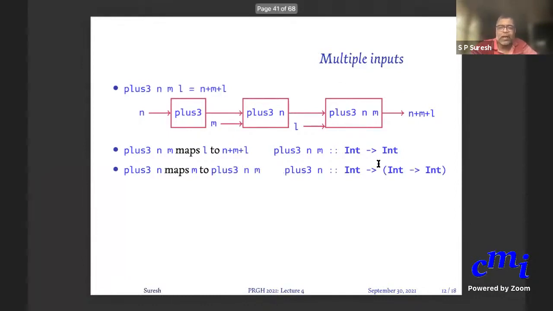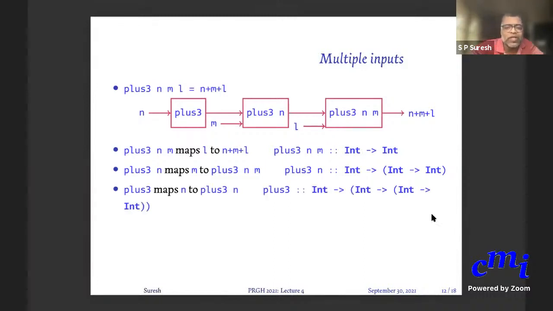Plus 3 n expects m as input, which is int, and outputs plus 3 n m, which is itself of type int arrow int, as we saw. So plus 3 n is of type int arrow int arrow int. Plus 3 itself is of type, it takes an n and returns plus 3 n. Plus 3 n we just saw is of type int arrow int arrow int. So plus 3 is of type int arrow within parentheses int arrow within parentheses int arrow int. Is it clear?